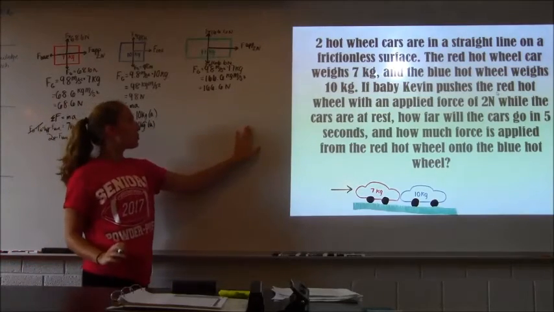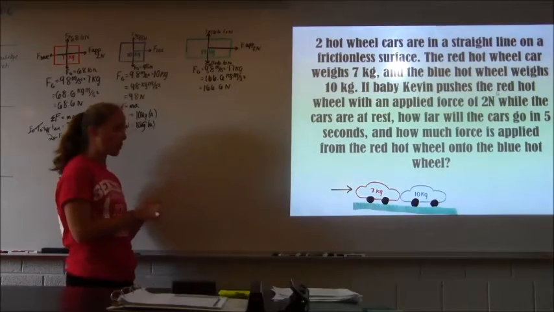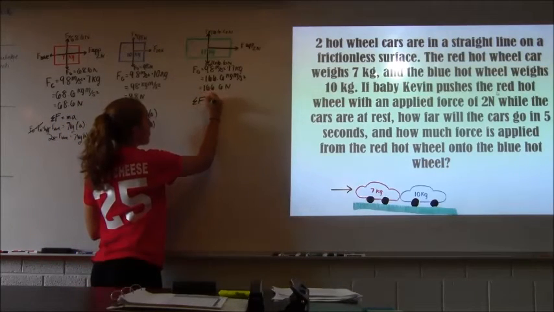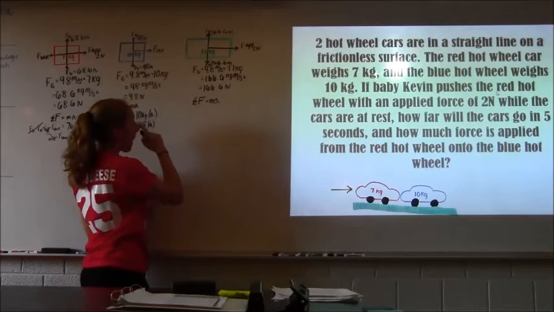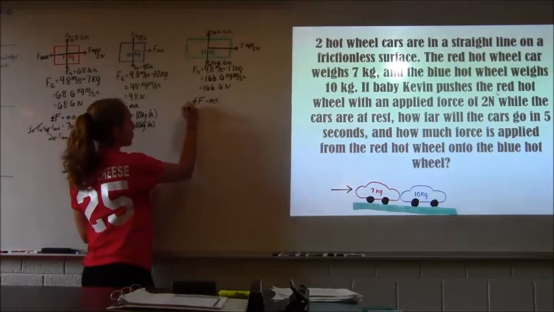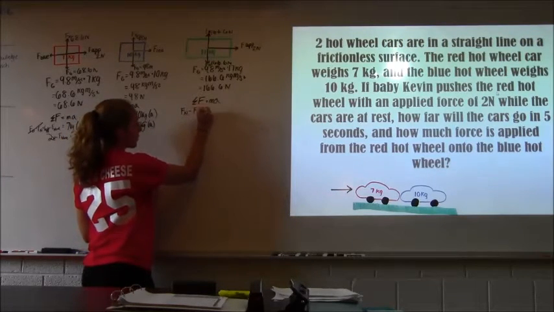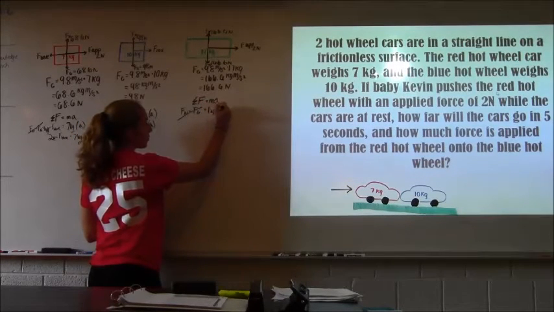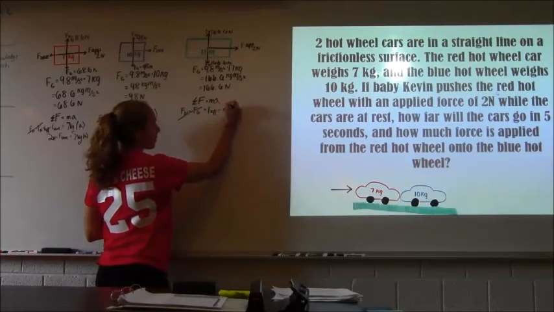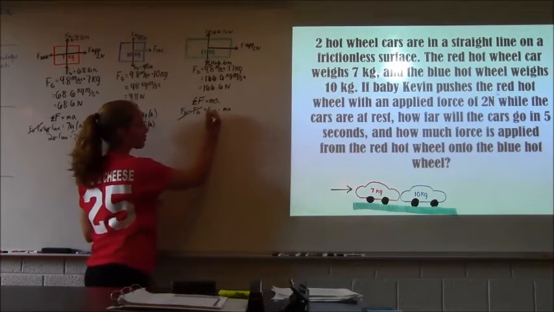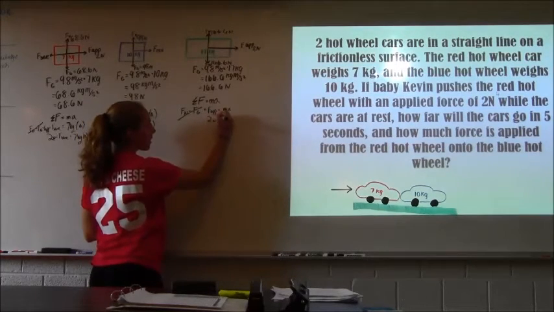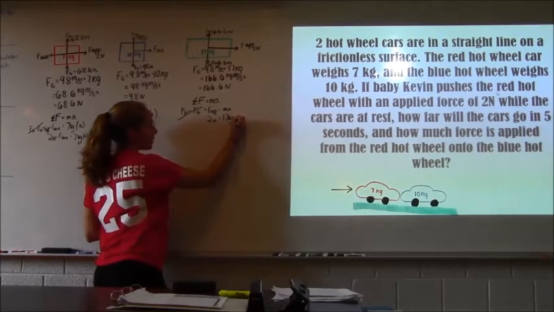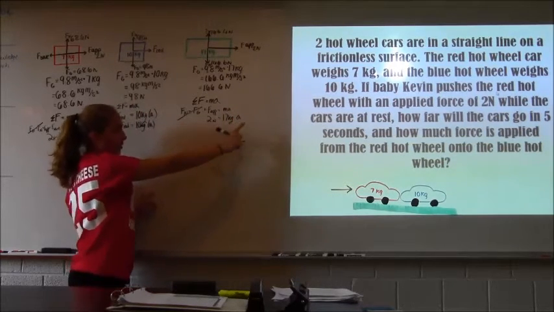So if we go to the third force diagram of both the masses added together, again, we know that the normal force and the gravitational force cancel out. So that leaves us with the force applied equals mass times acceleration. We know the force applied is 2 newtons. The mass is 17 kilograms. And that leaves us with only one variable, acceleration.